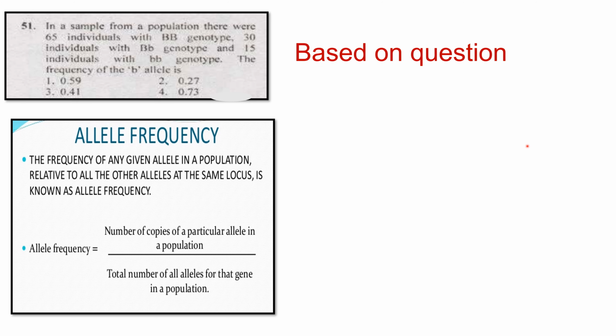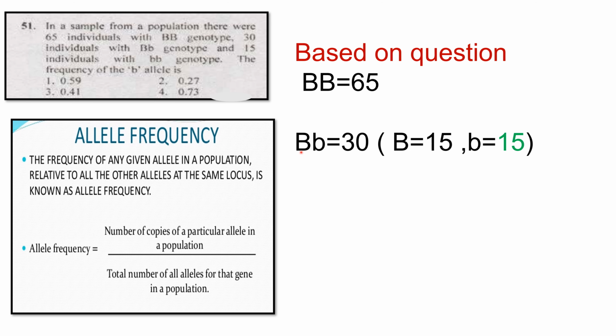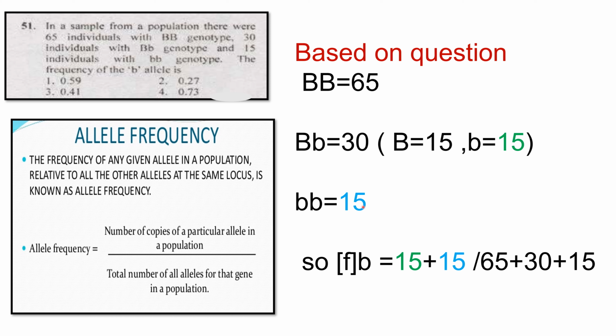Based on the question they have given some keys: BB is equal to 65, and Bb is equal to 30. If you split it, B is equal to 15 and b is equal to 15. We need the small b allele frequency, that is the number of copies of the particular allele in the population.